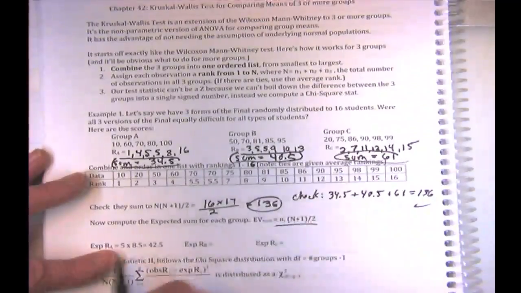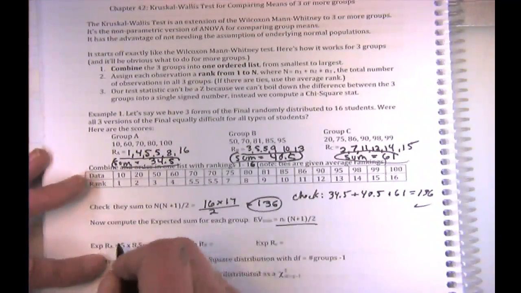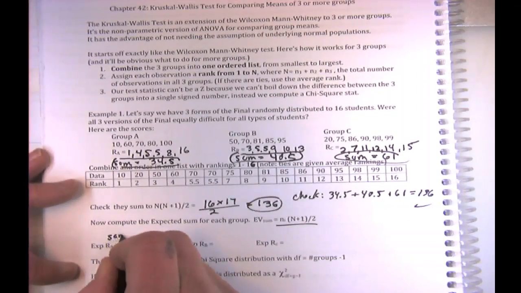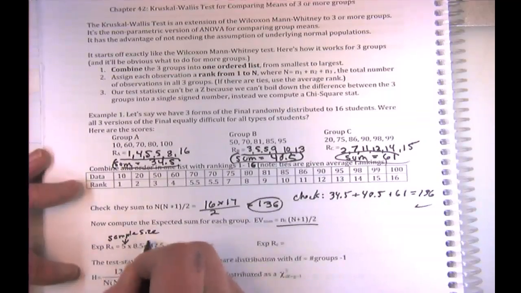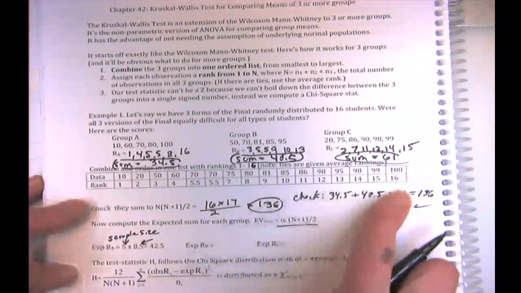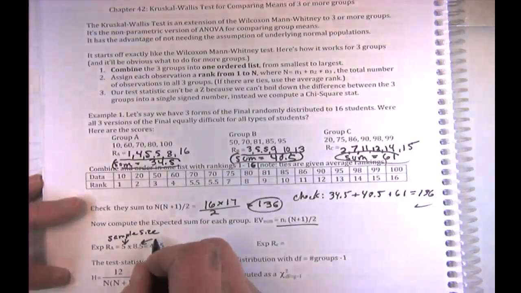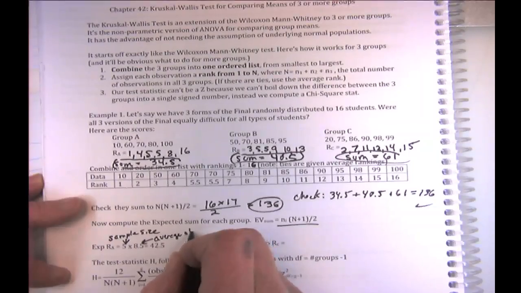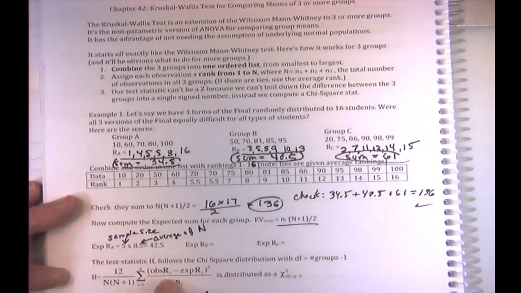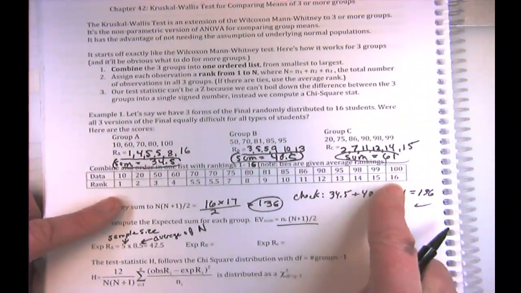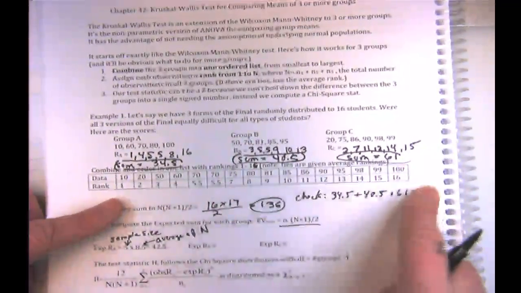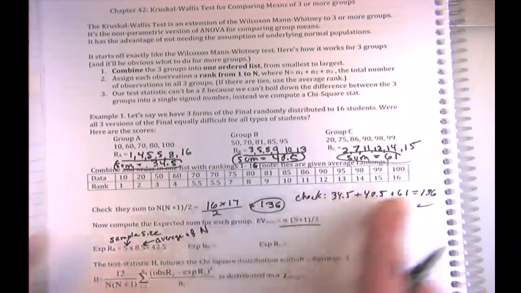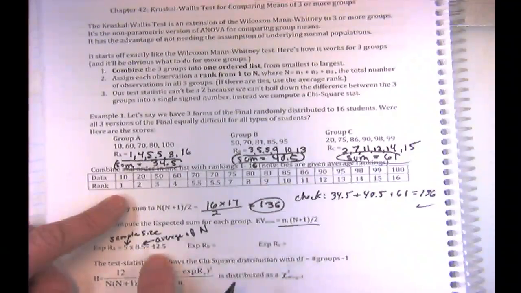In this case, this is our sample size, and that's the overall average of the numbers 1 through 16. 1 plus 16 is 17, divided by 2 is 8.5, times 5.